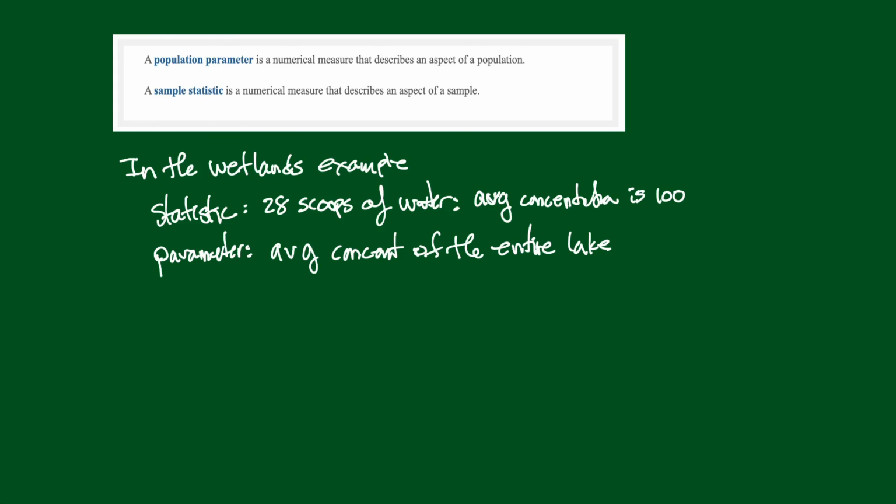We're going to make a prediction that this 100, we hope, is close to the actual value. So maybe, we don't know what this is, but maybe the actual value is 120. This would be the parameter. That's the value that gets assigned to the entire population here. And 100, this is going to be the statistic. So a statistic is a number that comes from a sample. A parameter is a number that comes from a population. That's why we call this statistics, because typically we're dealing with numbers or measures that come from samples.